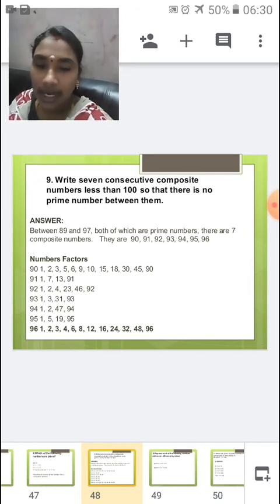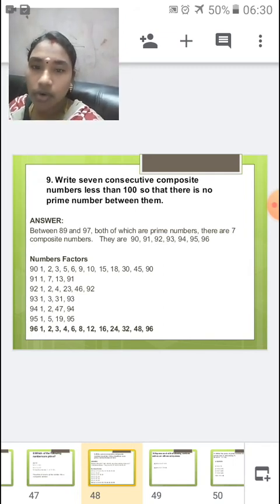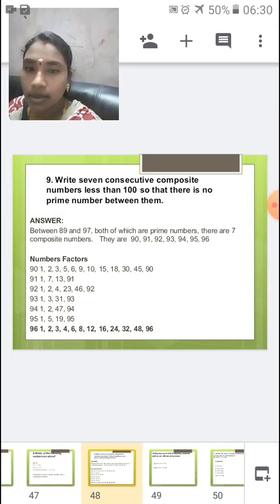Okay. So write 7 consecutive composite numbers less than 100 so that there is no prime number between them. It's a simple question.